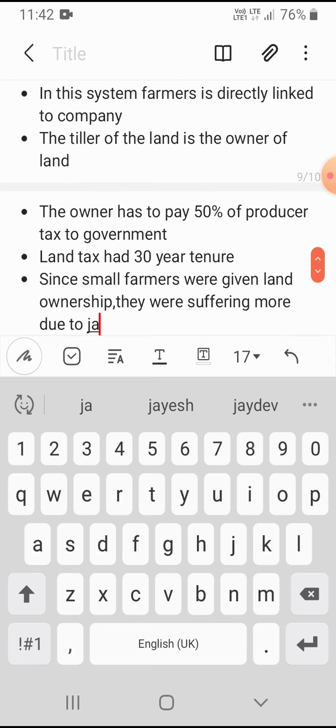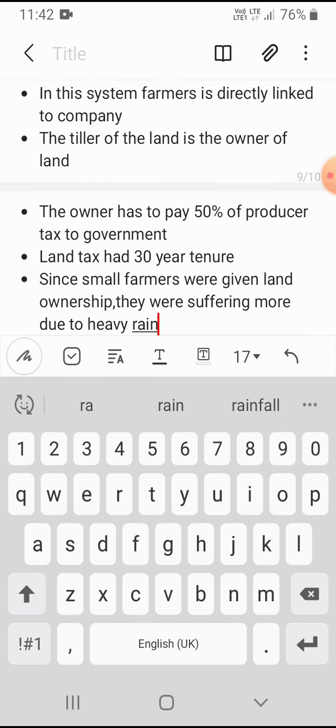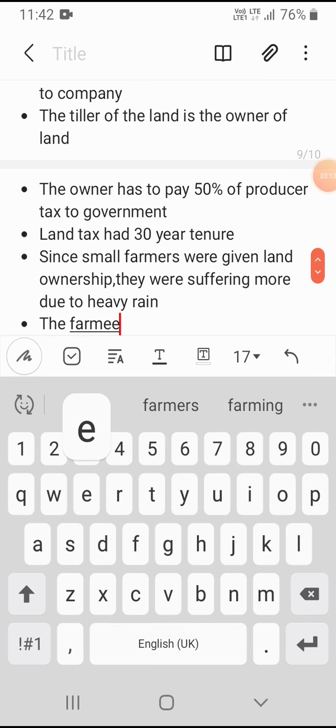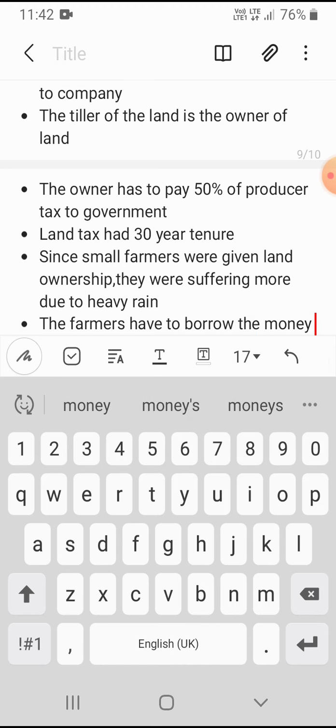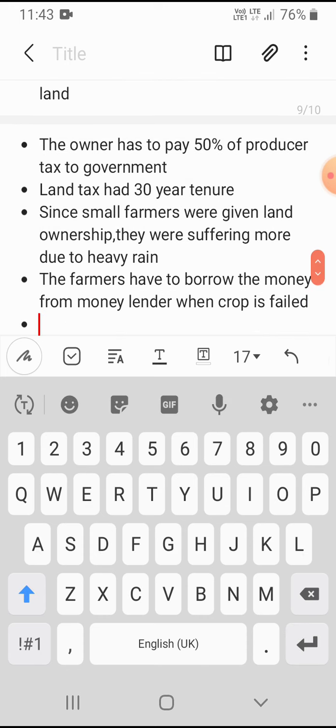The farmers had to borrow money from money lenders, as they had to pay half of the produce to the government even when the crop failed because of rain.